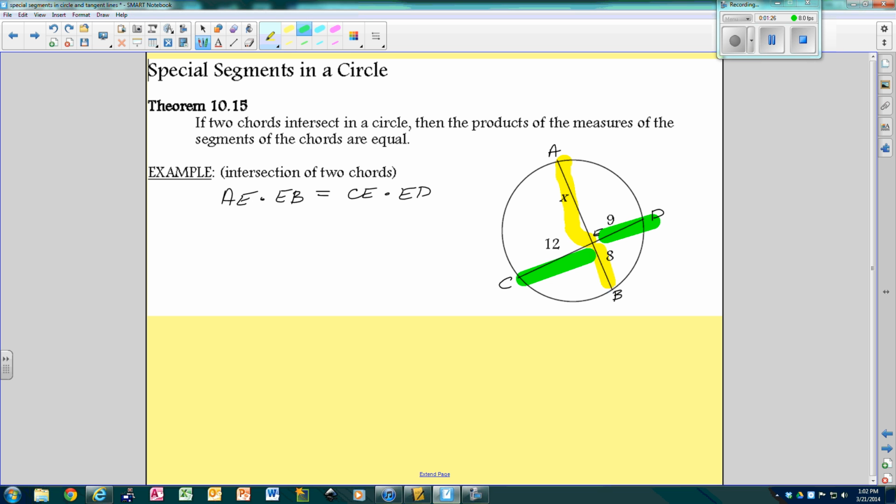So they're going to be on the same line as each other. So AE is X times 8 equals 12 times 9. So 8X equals 108. Divide by 8. X is 13.5. And we're going to get lots of practice in class.